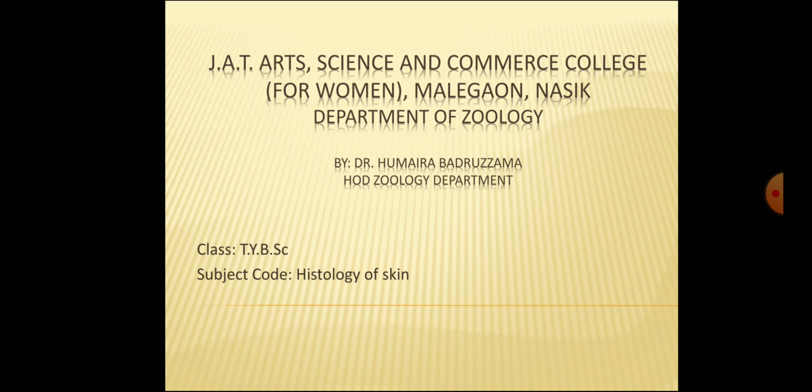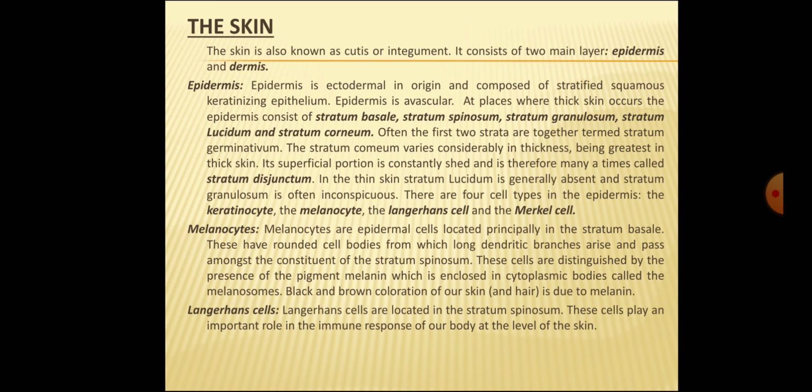It consists of two main layers, epidermis and dermis. Under the latter is the subcutaneous connective tissue forming the hypodermis or tela subcutaneum, which is not a part of the skin. So, the outermost layer is epidermis.